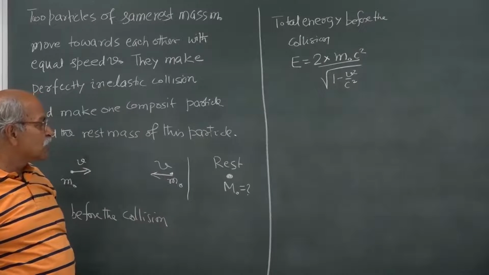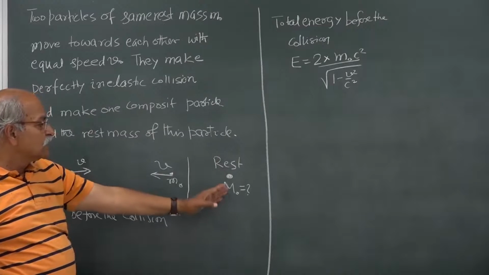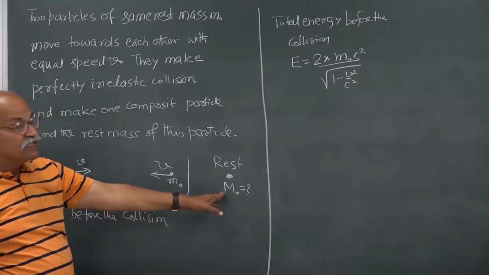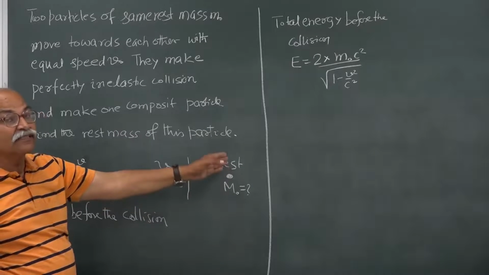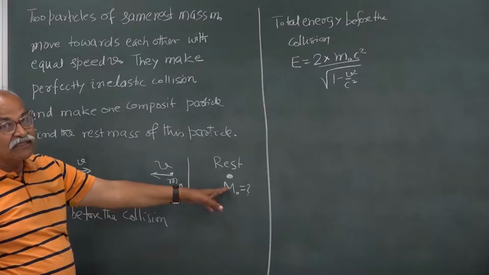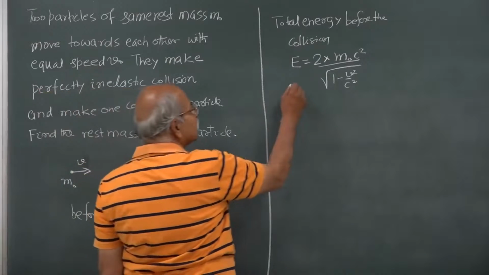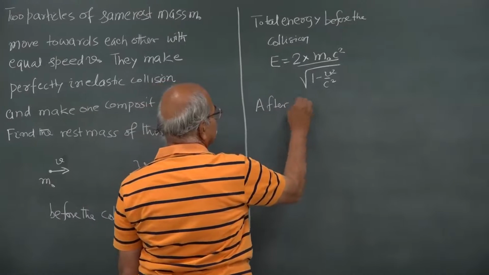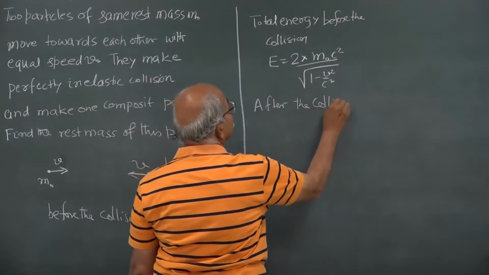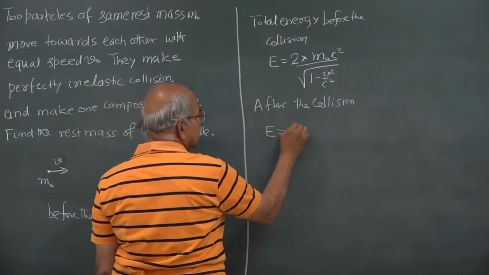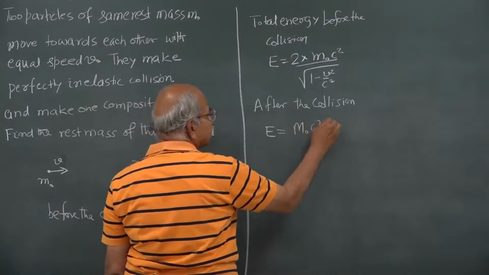And after the collision, what happens? After the collision, you have a particle of rest mass capital M naught which is at rest. Hence, the total energy is the same as the rest mass energy, M naught c square.